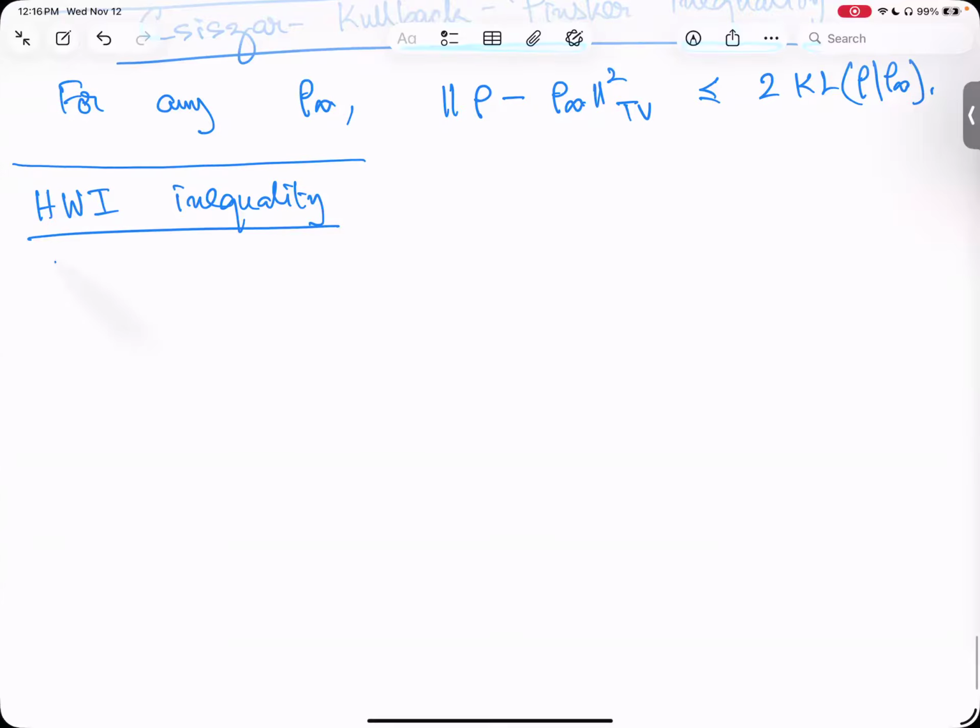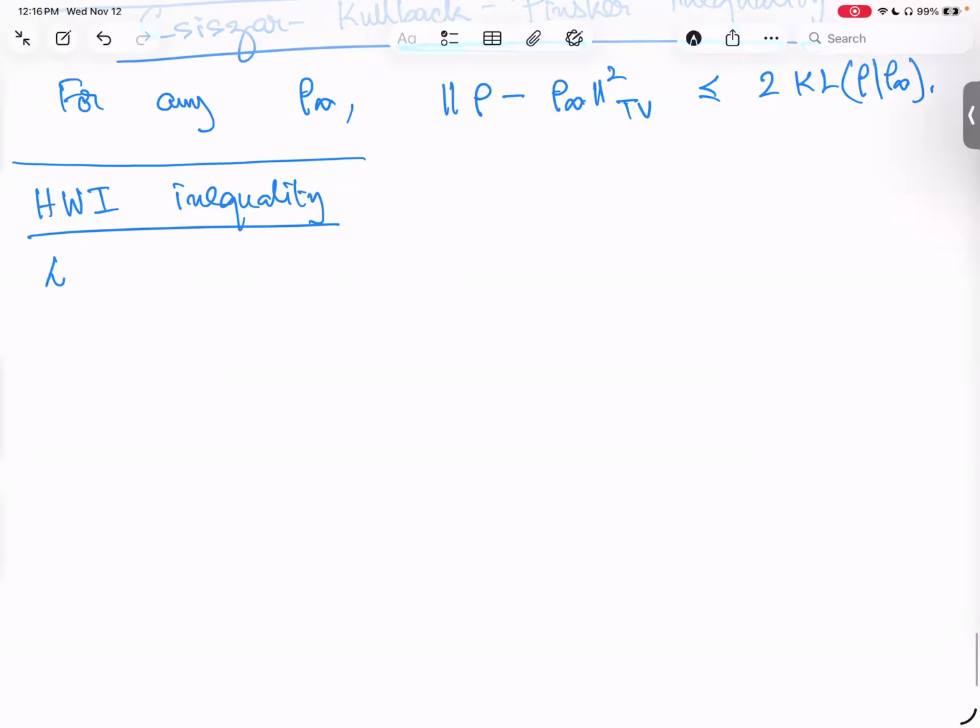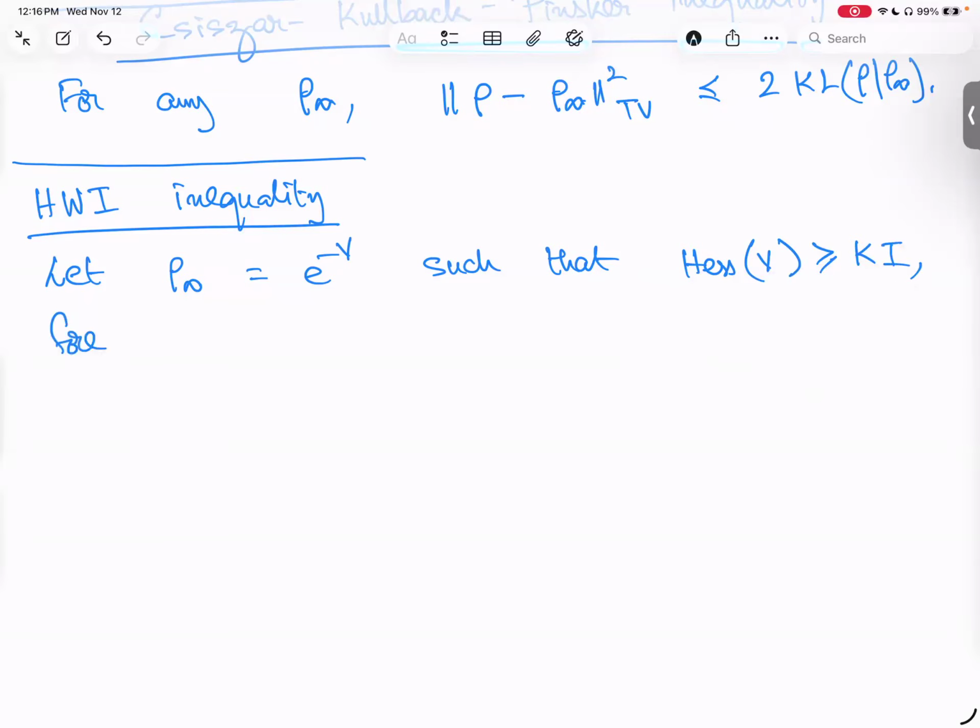So, Otto and Villani: let rho infinity be e to the power minus v, such that the Hessian of v is bounded below by k times identity, for some k on the real line.